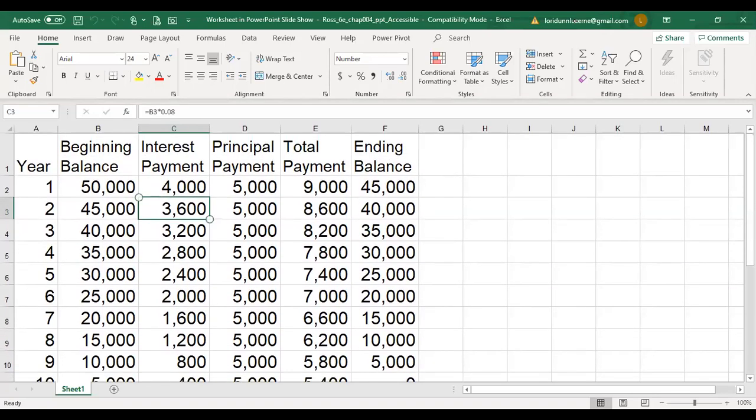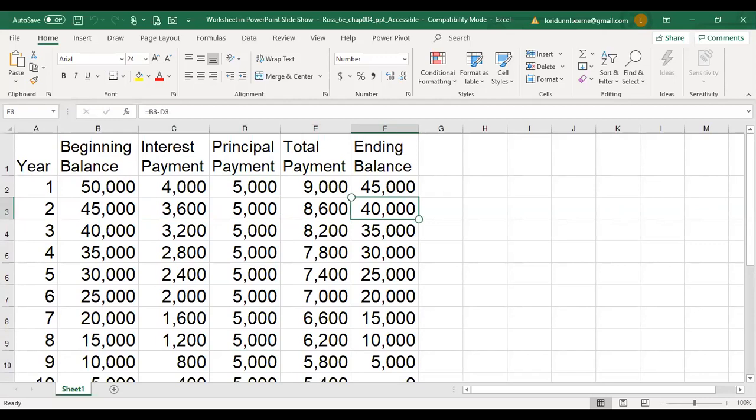And if you go back and grab this Excel sheet, you can see that on the principal payment column, $5,000 is constant. But take a look at the total payment. It adds the amount in cell C3 to D3 to get total payment in E3.